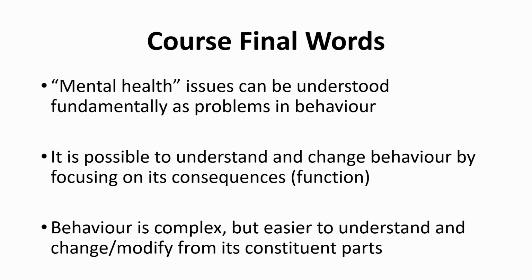Maybe we adjust the situation so that that behavior is not maintained. We can make it too costly to keep doing the problem behavior, or we can make it less reinforcing to do that behavior. We've learned lots of different ways to adjust these consequences in order to adjust the behavior.